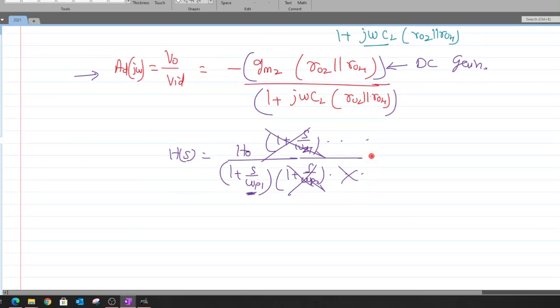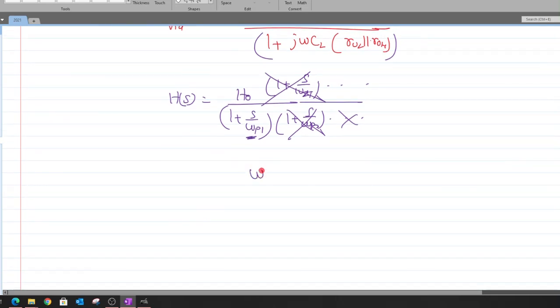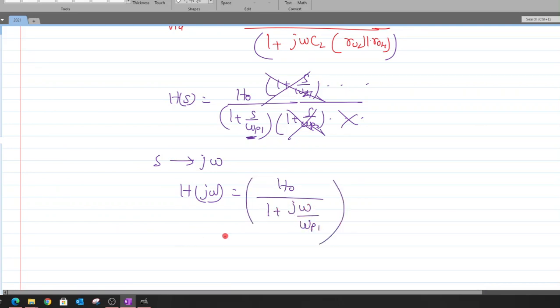Hope that it makes sense. Now this omega p1 I can directly derive just by substituting s as j omega. So I would end up having H naught divided by 1 plus j omega times omega p1. This is the transfer function that I would end up having.